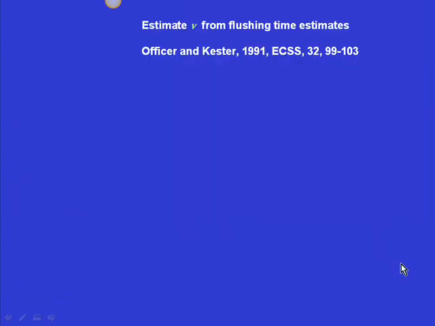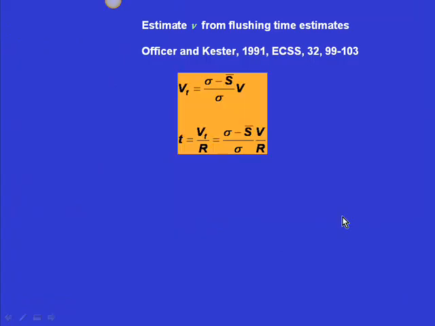All right, you can also use these concepts to estimate flushing time. You can use these parameters to estimate flushing time, and this was first used in 1991. What you can do, going back to the previous lecture, is use the freshwater volume as defined by the freshwater fraction times the volume of the system, and then the residence time equals that freshwater volume divided by the river discharge.